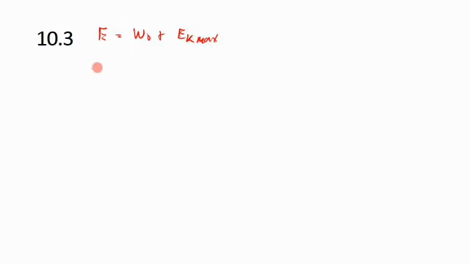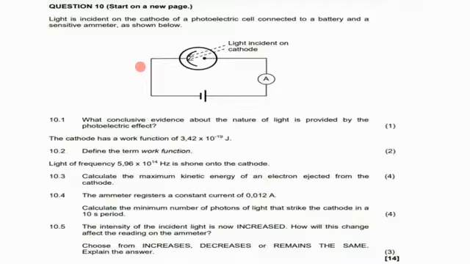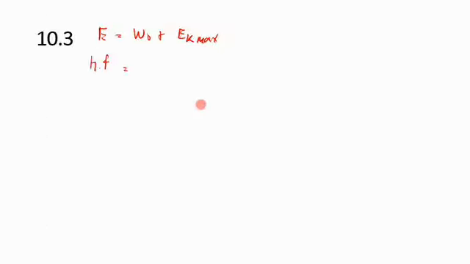Breaking this down, we have Planck's constant multiplied by the frequency. Our work function, if we read, is given in this statement: 3.42 times 10 to the exponent of negative 19. So we have 3.42 times 10 to the exponent of negative 19. And then what is our EK max?